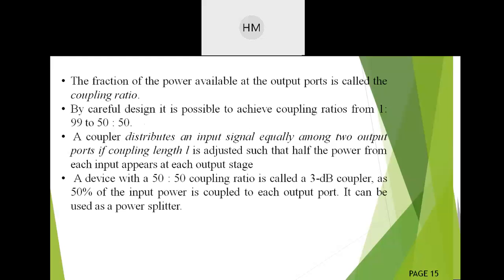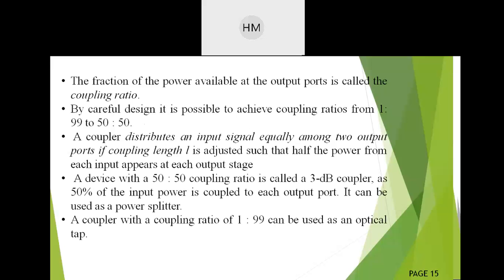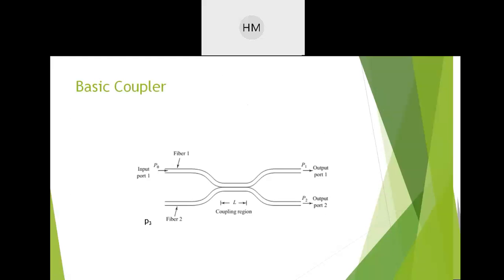Coupling length is important. 50:50 coupling ratio is called a 3 dB coupler, which is used as a power splitter. A coupler with a coupling ratio of 1:99 can be used as an optical tap. Water taps hote hain, optical tap. Okay, it's an optical tap.